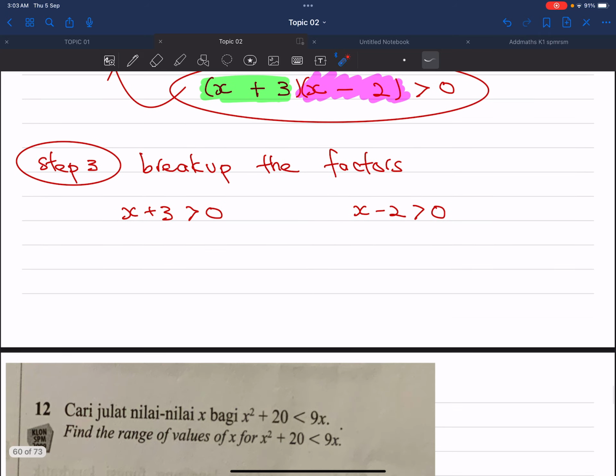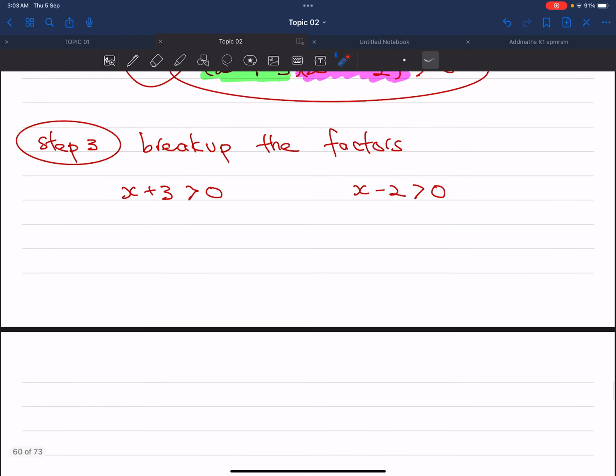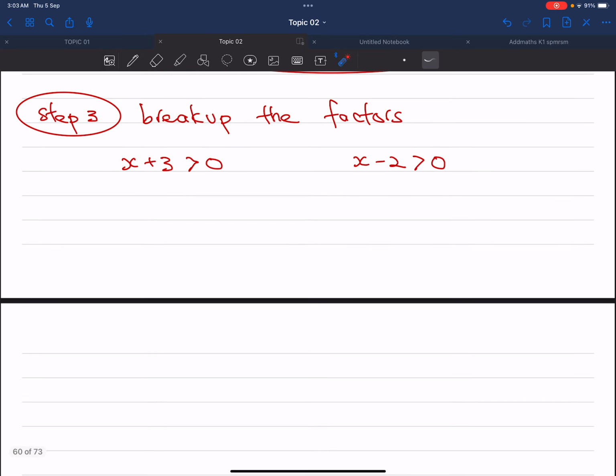So in this step 3, I'm going to transfer the positive 3 to the right hand side, the negative 2 to the right hand side, which will give me x more than negative 3.